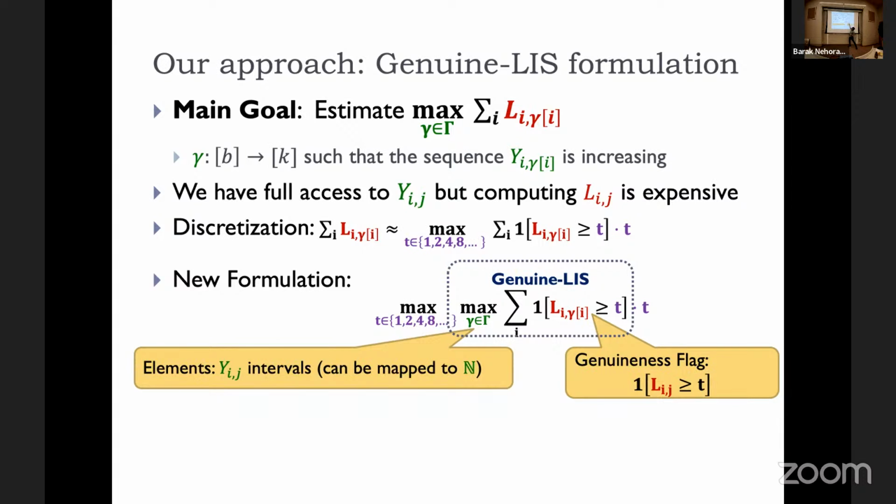Now this is a problem where we are taking the LIS over these intervals, and a particular interval character in the LIS contributes to the LIS if it is genuine, that is, whether the LIS recursively in that block, restricted to the corresponding values, is sufficiently long.